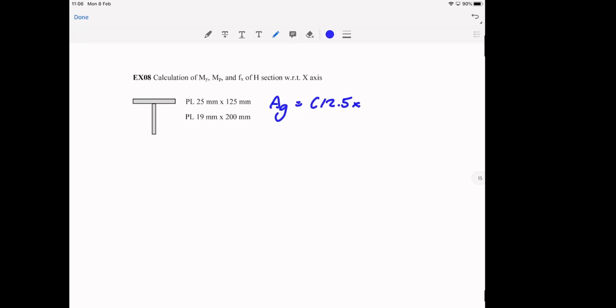And you can calculate your y bar, right? To calculate your y bar, generally I prefer to take the moment, say at the flange, to eliminate one term from my calculation.